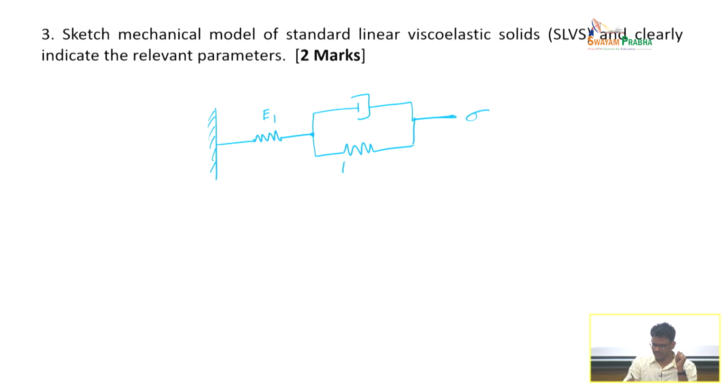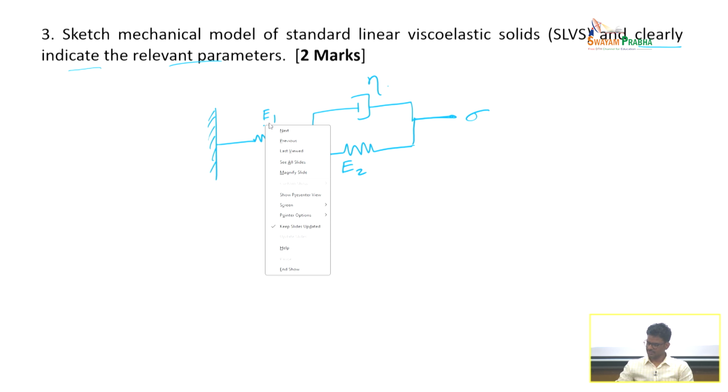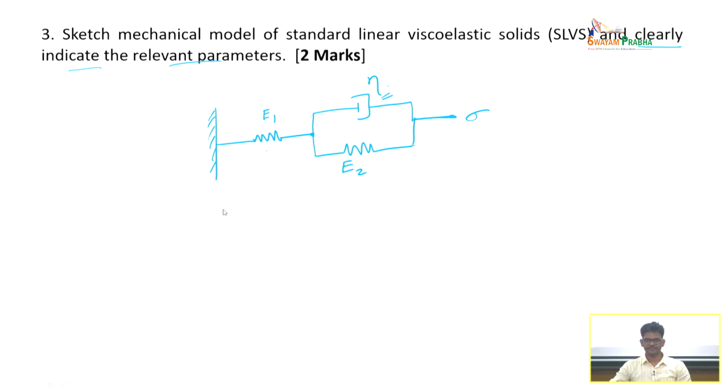So this is E2 and this is eta. I have said to clearly indicate the relevant parameters. What it means is you should say for this spring the corresponding spring constant is E1, and for this it is E2, and for this dashpot it is characterized by a viscosity eta, right. So straightforward. If you have seen this picture, you should be able to do this. Very simple.